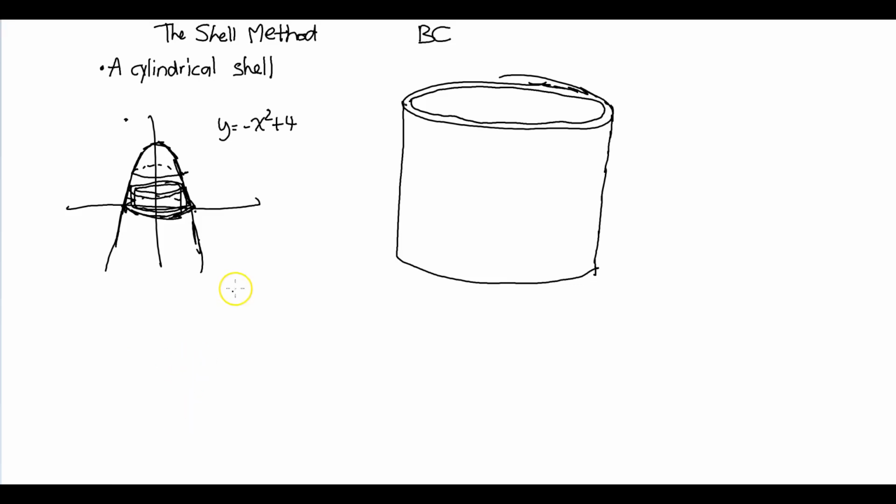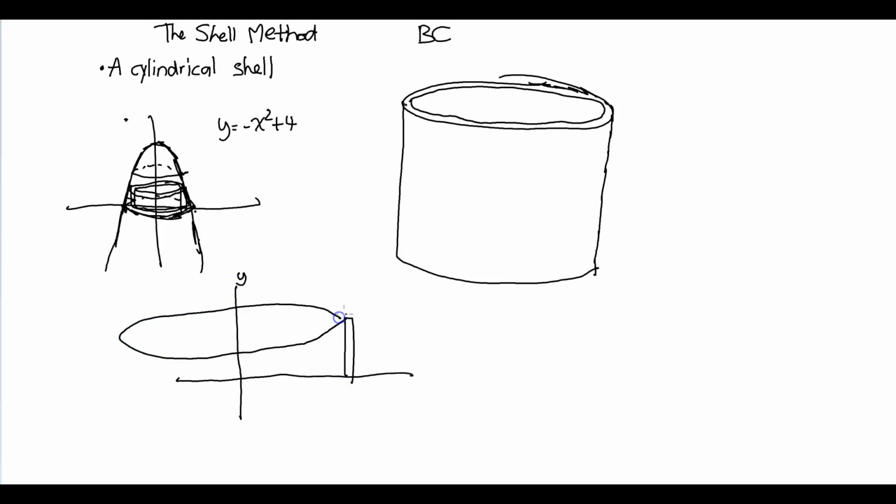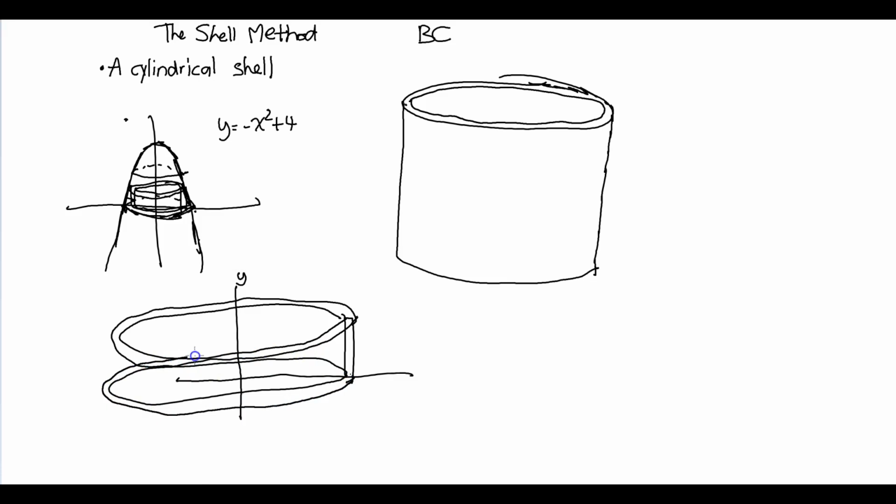So we literally form a cylindrical shell by rotating a rectangle about the y-axis. If we were to rotate the rectangle, you would get your cylindrical shell. Sorry, it's not very neat, I'm never much of an artist.